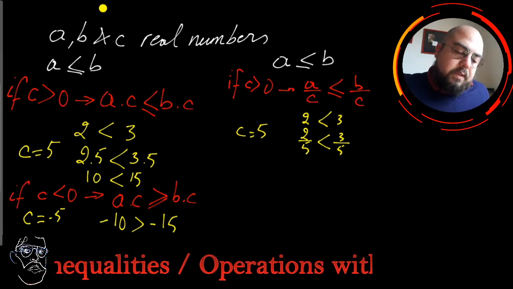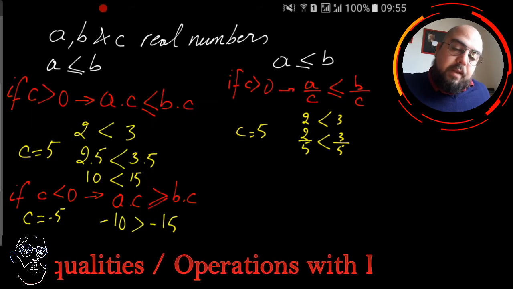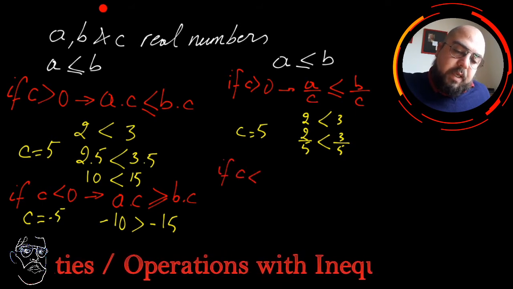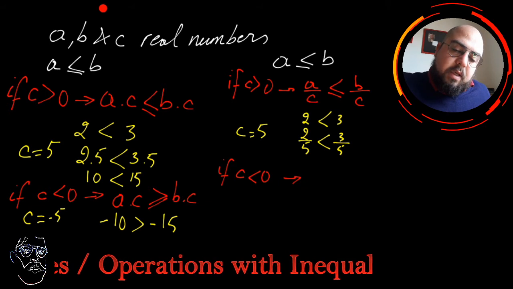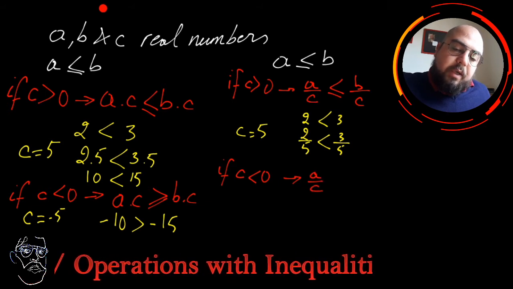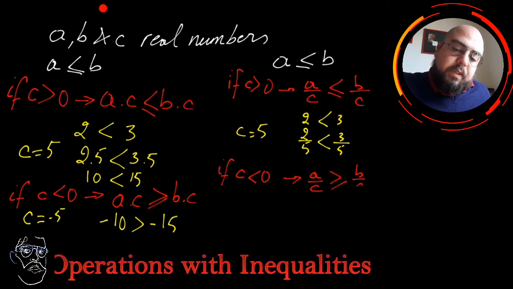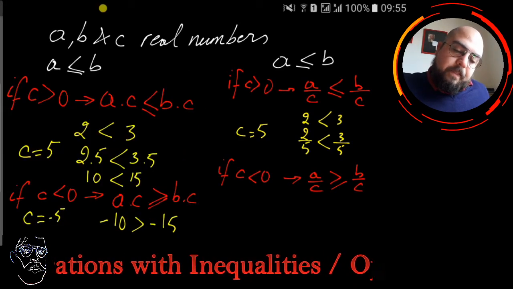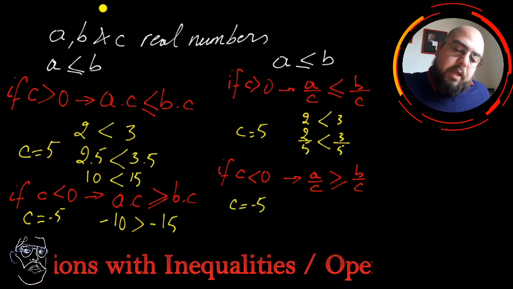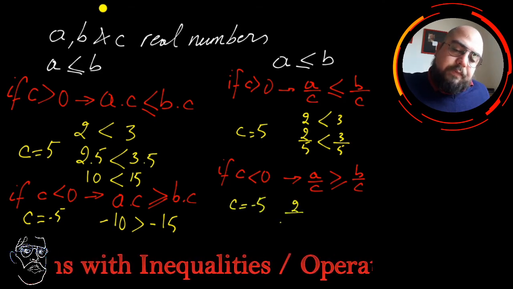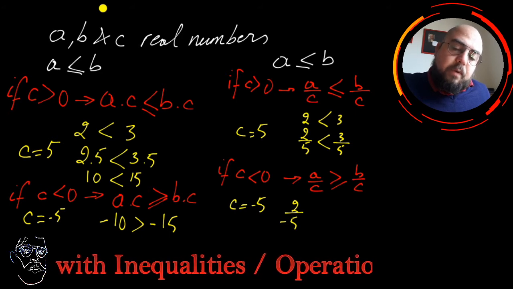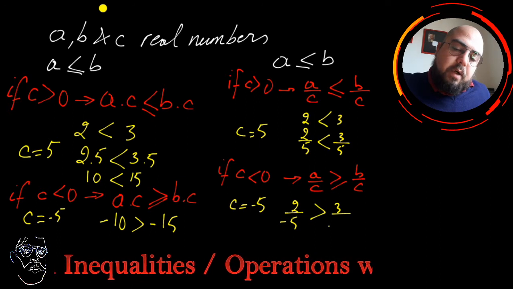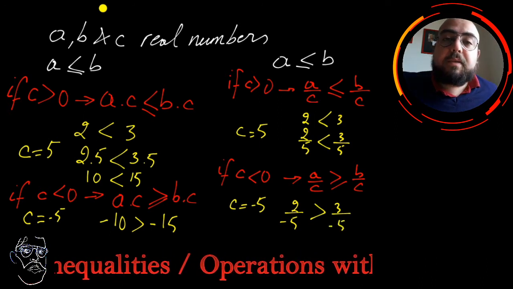Now what happens if C was negative? If C was negative, in this case A over C will be greater than B over C. Let's take C negative, minus 5. You will have 2 over minus 5, which is minus 0.4, greater than 3 over minus 5, which is minus 0.6.